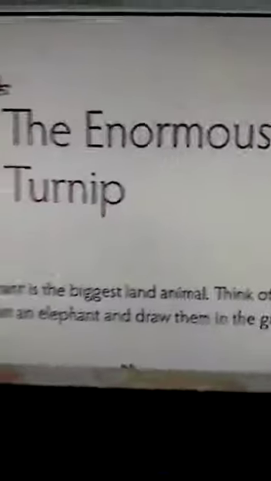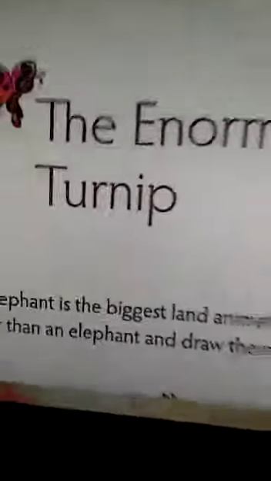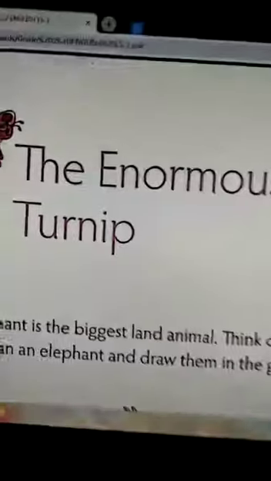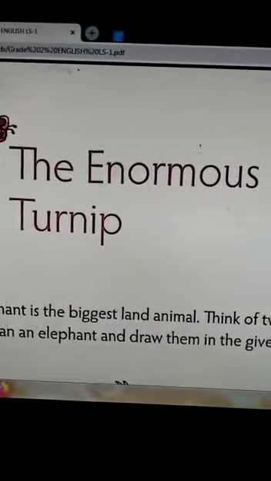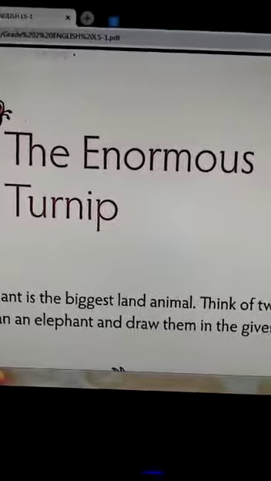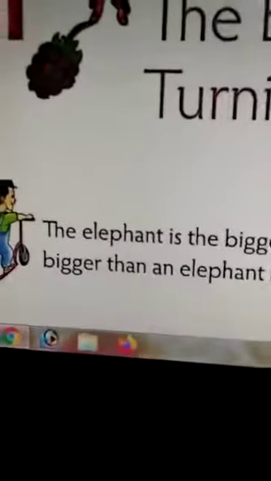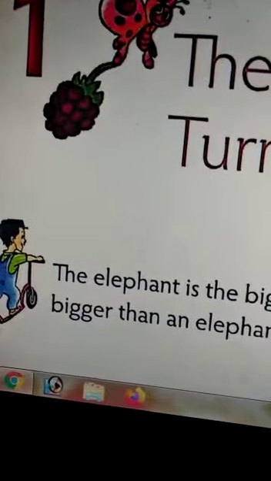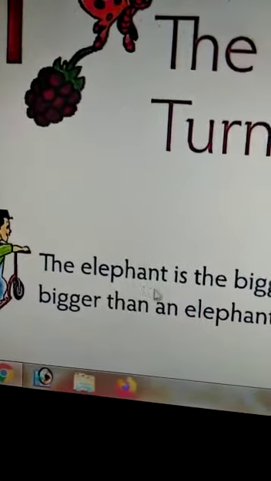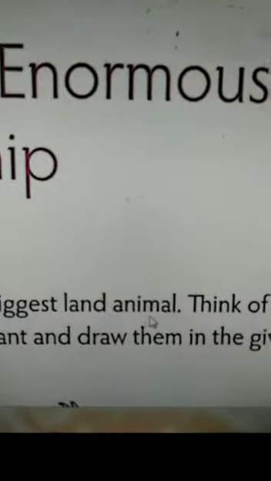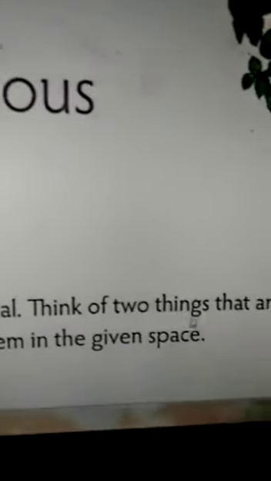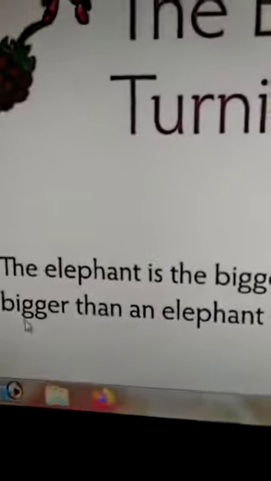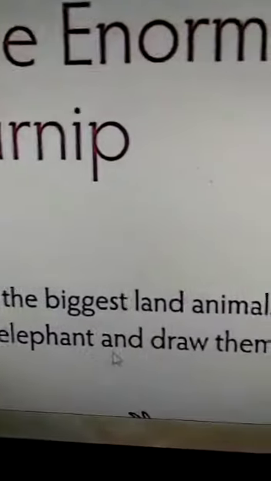Yes, we are back. So your first lesson, the enormous turnip. So here there is an activity: the elephant is the biggest land animal. Think of two things that are bigger than an elephant and draw them in the given space. So this is an activity, you have to do it.